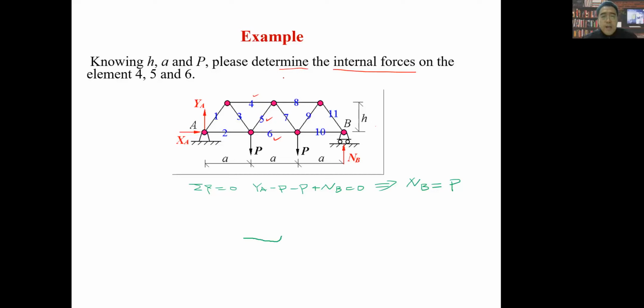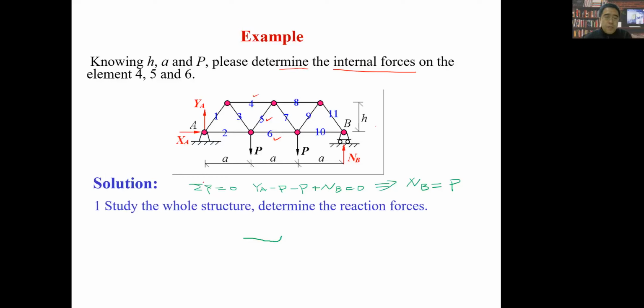So is there any other simple method to let us just focus on calculating the internal forces of members 4, 5, and 6? The answer is yes, there is some kind of measure. So let's talk about that. The solution is that we first study the whole structure and determine the reaction forces. So once again, you guys follow me together, please.